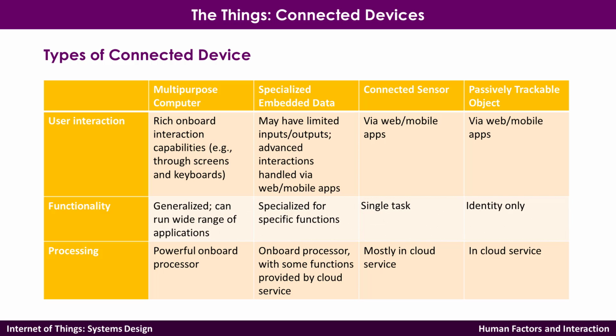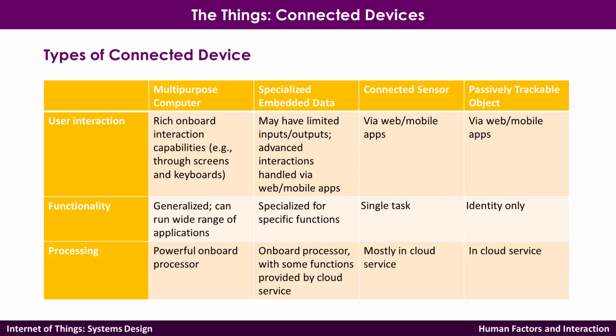When we compare these devices, we can clearly see the differences in terms of user interaction, functionality, and processing. If we compare the user interactions, the multipurpose computers have rich onboard interactions, including inputs from keyboards and screens and other multimedia devices.